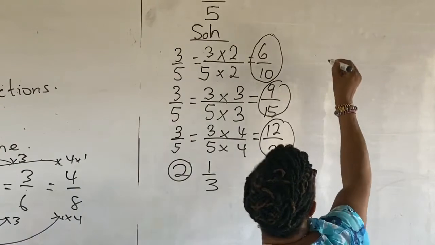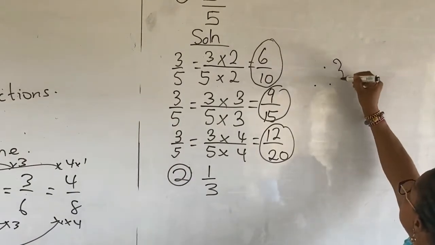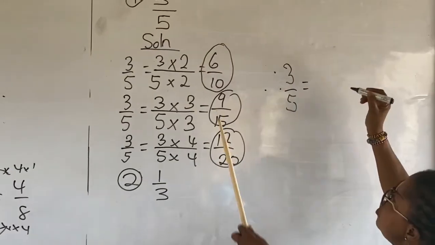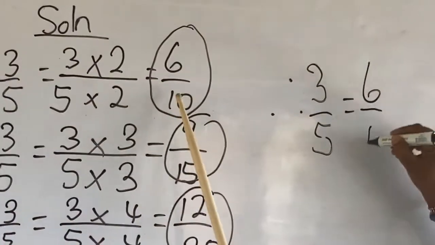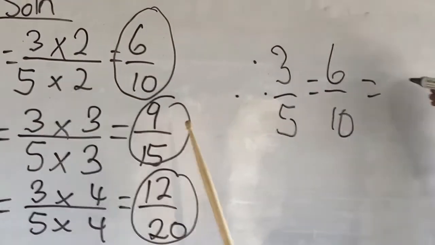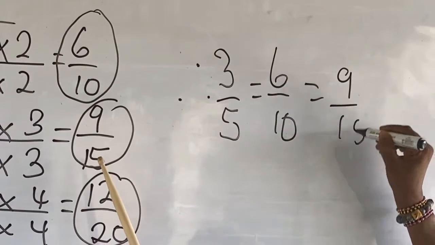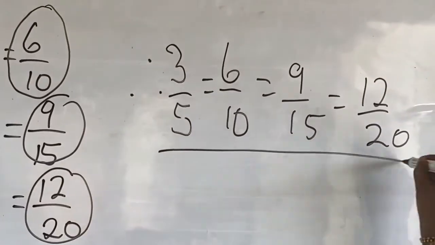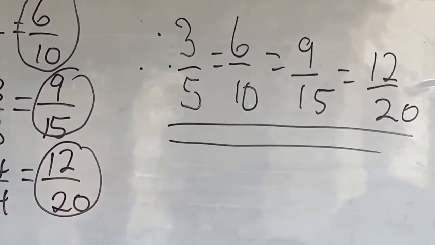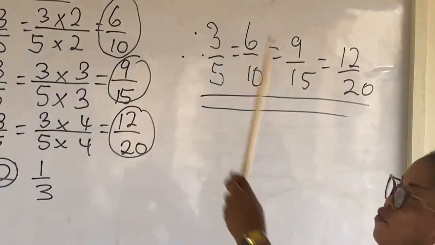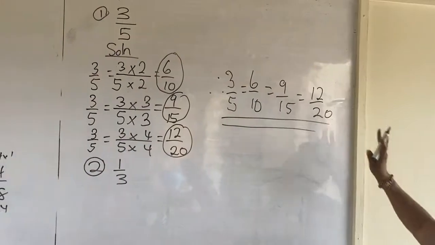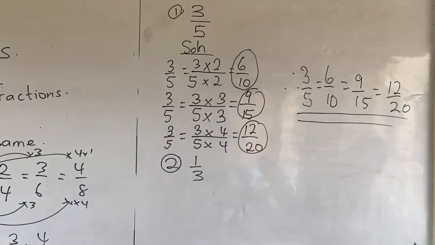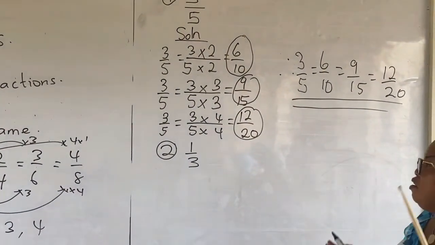So therefore, 3 over 5 is equal to 6 over 10 is equal to 9 over 15 is equal to 12 over 20. So we now have 3 equivalent fractions for 3 over 5. And the fractions here are all equivalent, just that they are in different forms.